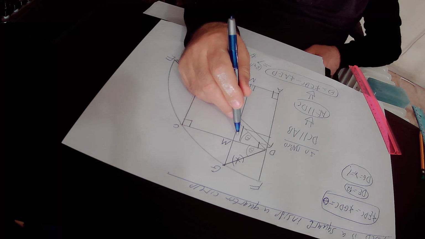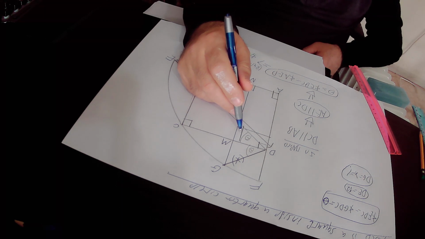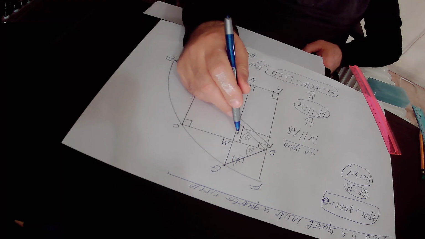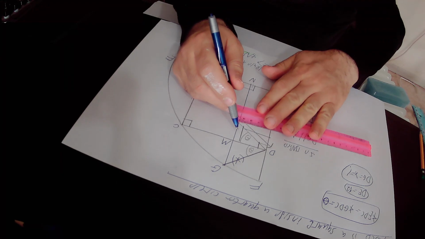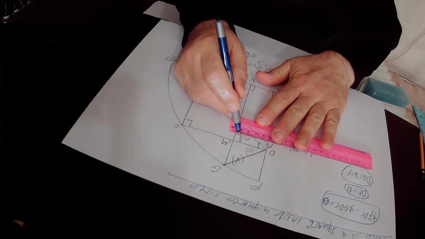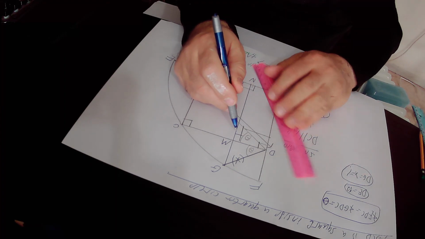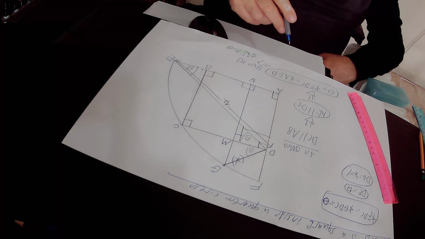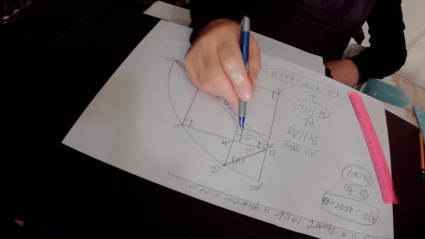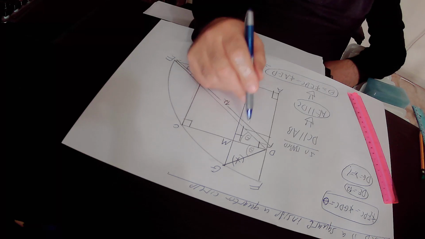In total, the sum of those 4 angles must be equal to 360 degrees, according to the rule that the sum of the angles in any quadrilateral is equal to 360 degrees. Therefore, this missing fourth angle must be equal to 90 degrees in its size.